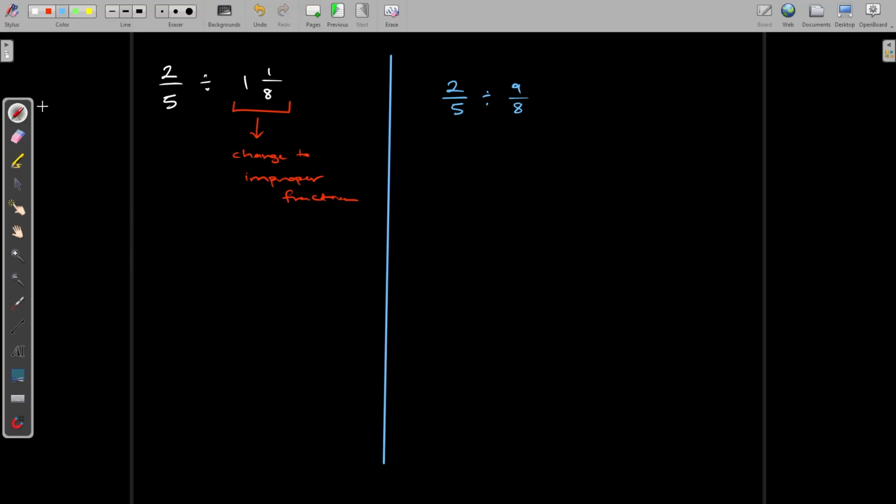Now we have two fractions, one proper and one improper, and we need to divide them. So we keep the first fraction, we change the sign. What do we change the sign to? Multiplication. And we flip the second fraction.